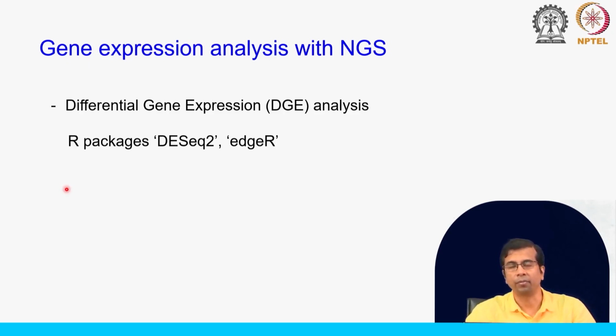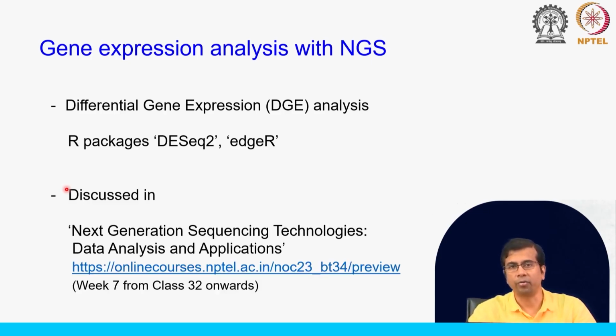This is one of the major steps in there, followed by identification of differentially expressed genes, and then followed by functional enrichment, which functional class of genes are showing differential expression, those kinds of things. There are a lot of statistical tests involved, a lot of steps involved. This is something we have discussed in an earlier course, so we will not be discussing it here. If you are interested, please feel free to look up this course.